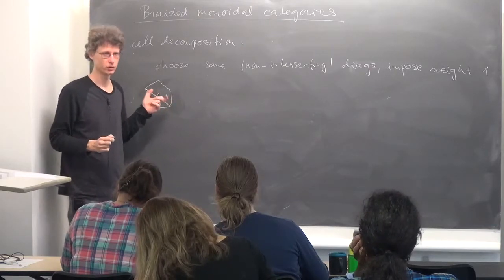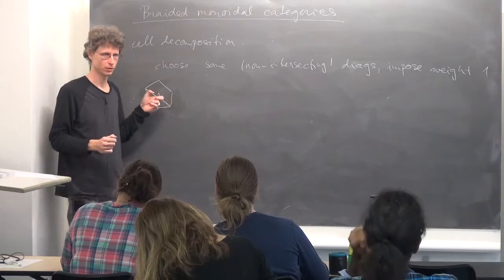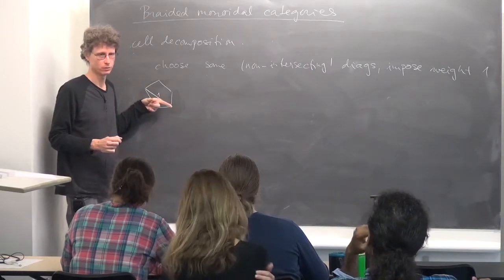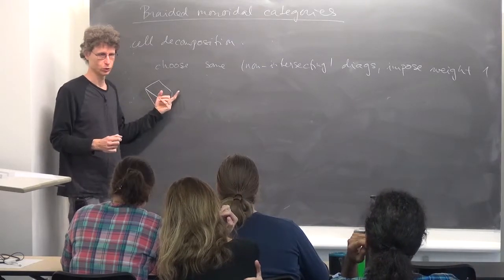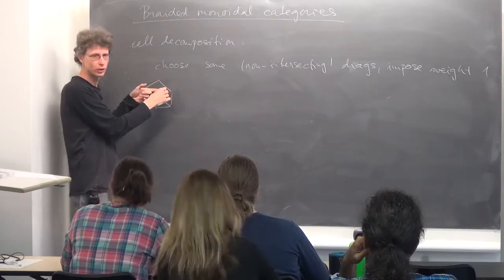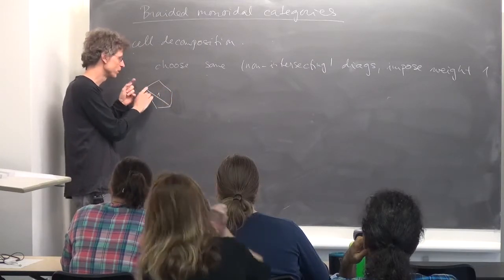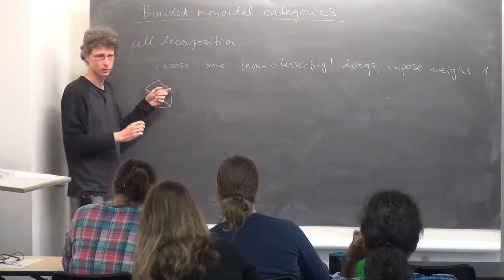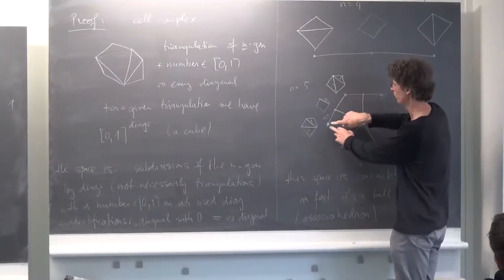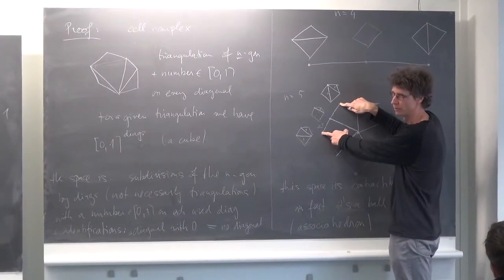I'll just take the part of the space given by the fact that there is this particular diagonal with weight 1. So which part of the space is it? We can either have this diagonal with some weight, or it might become 0, or we can have this particular diagonal with some weight. So in this picture, turned a little bit, we just get one of the sides of this pentagon.